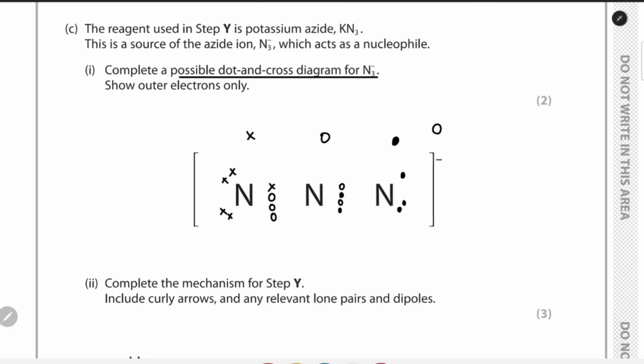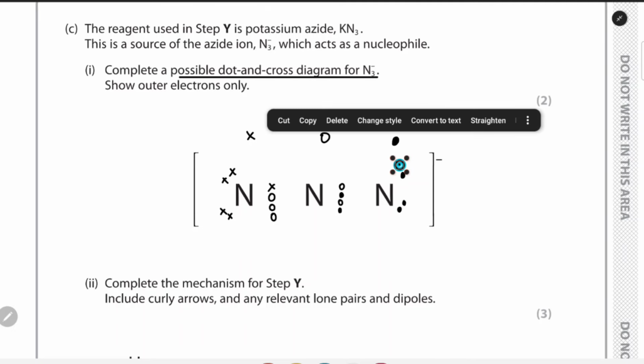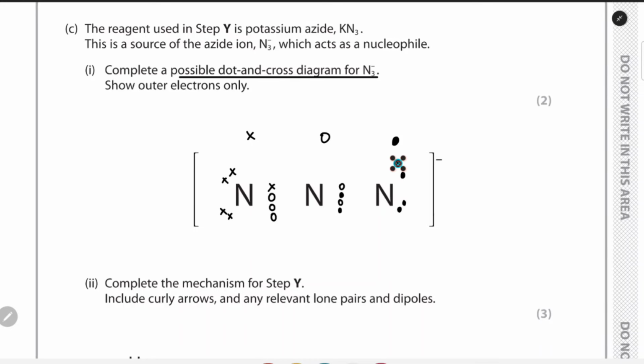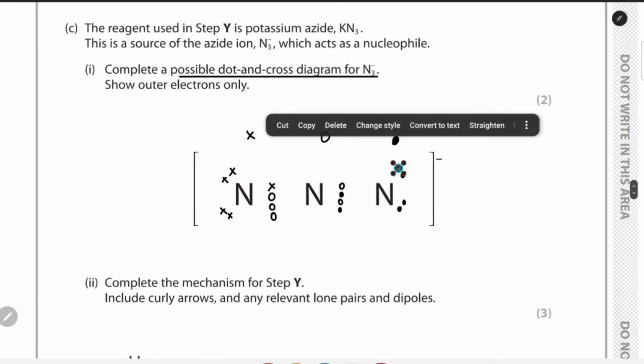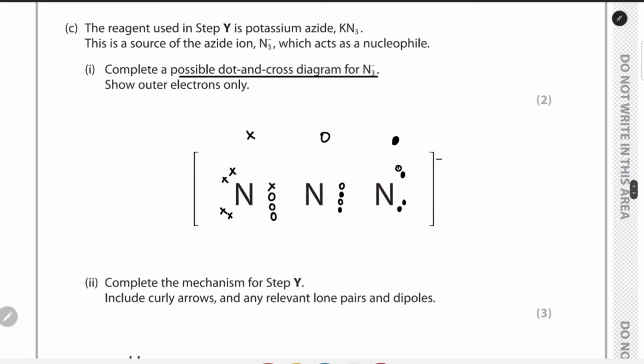I'll represent the extra electron as a circle with a dot in the middle. This will be over here. This is from outside, another atom's electron. Maybe a sodium atom giving one of its electrons over here to become Na+.